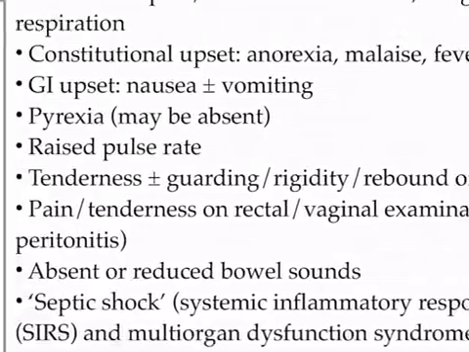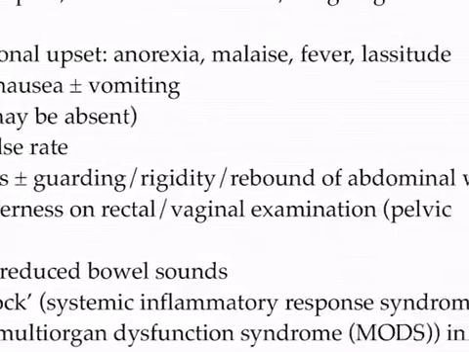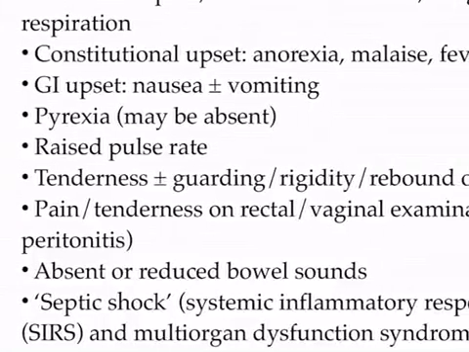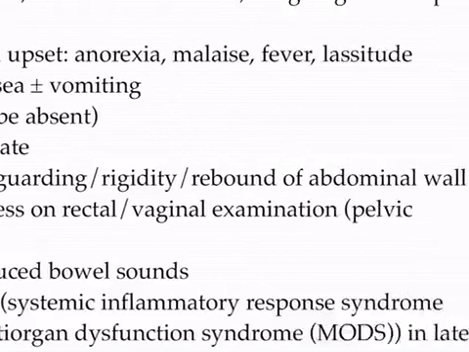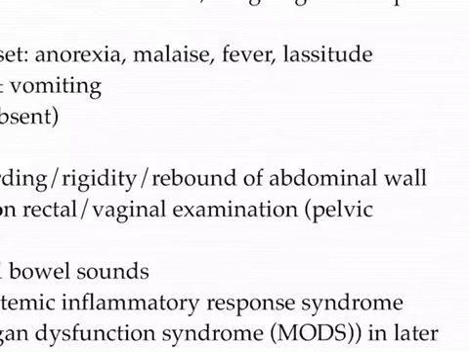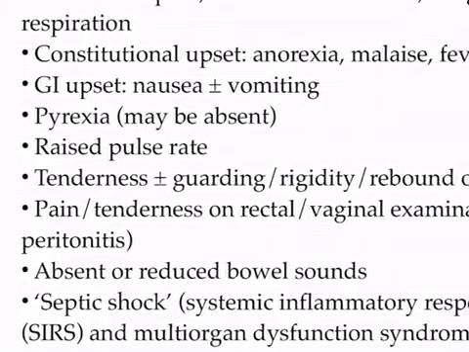There will be constitutional upset of anorexia, malaise, fever, lassitude. GIT upset with nausea, anorexia, vomiting, constipation. There will be fever, raised pulse rate, tachycardia, tenderness, guarding, and rigidity at the site of inflammation, or diffuse if the peritonitis is diffuse, with positive rebound tenderness.